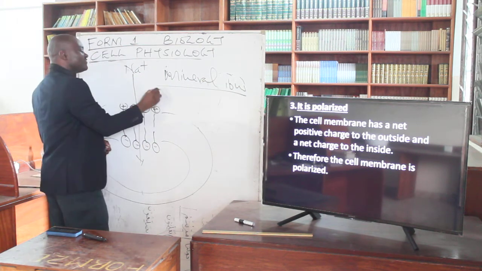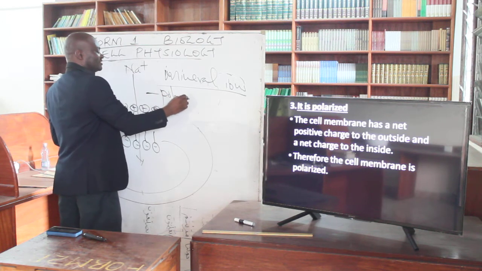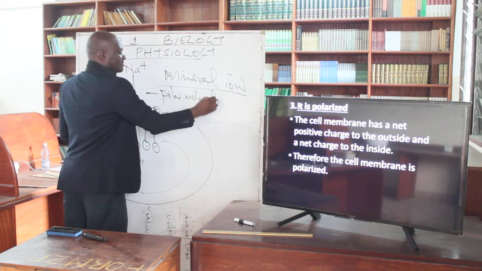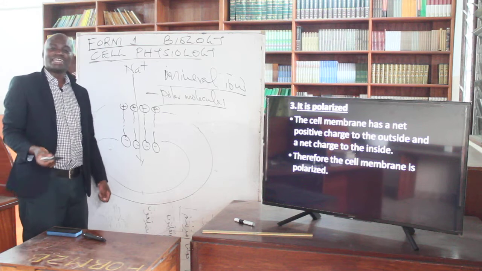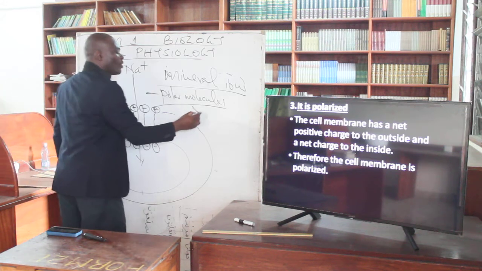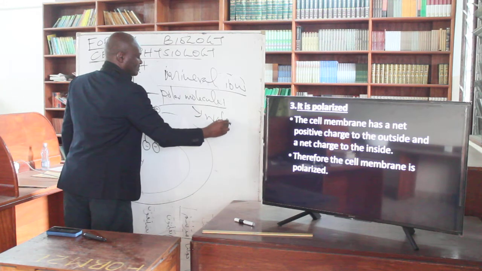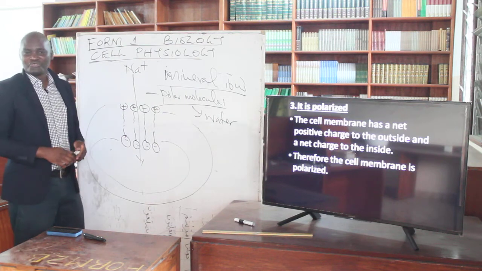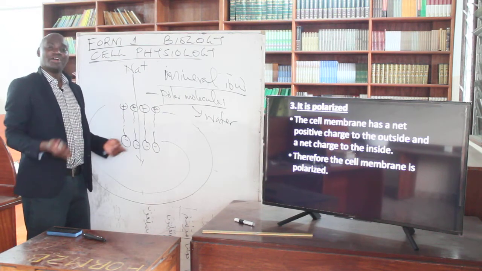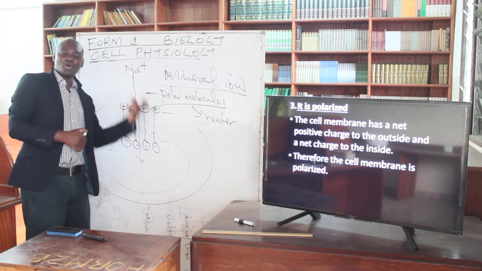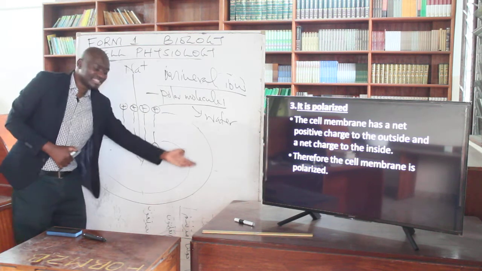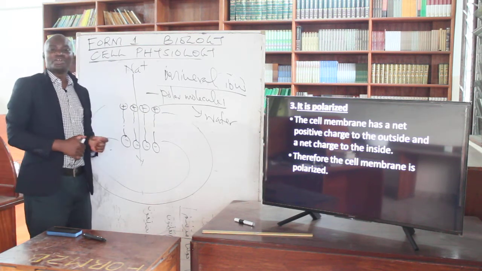We also have polar molecules, and an example of a polar molecule is water. So the passage of water, though it's by osmosis, is also assisted by the polarity of the wall of the cell membrane.